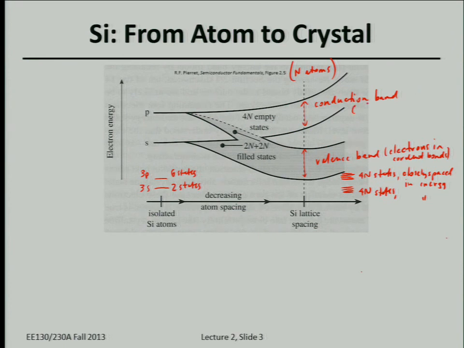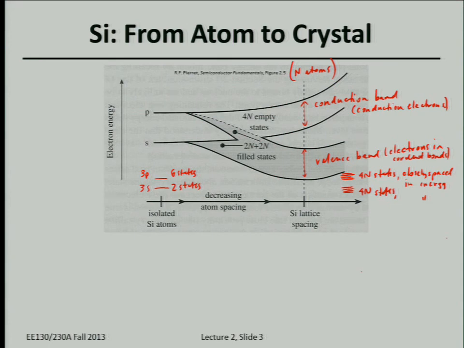And the conduction band then represents the allowed energy levels for electrons that have escaped a covalent bond. So this is what we call conduction electrons, or for short, probably from now on, we'll just call them electrons. Okay, does that make sense?